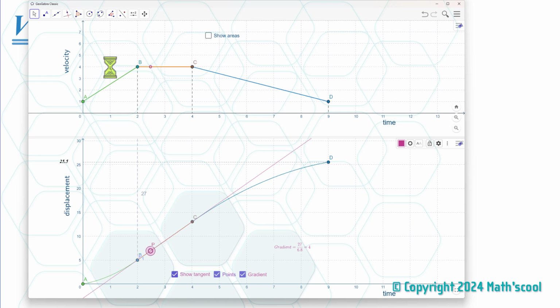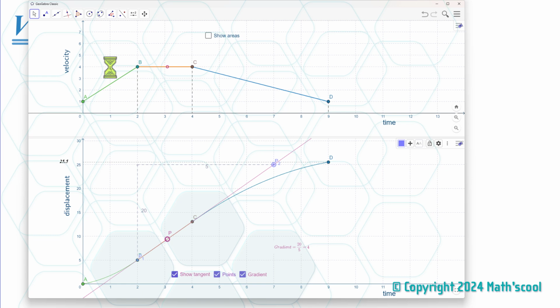My tangents, there it is, it just went a bit further away. Okay, so say I'm here and I'm going to make that my second point, and you can say that I'm going up 20 and across 5, so gradient is 20 over 5, which is 4. And so you want to pick two nice far apart points and then work out what the gradient is.